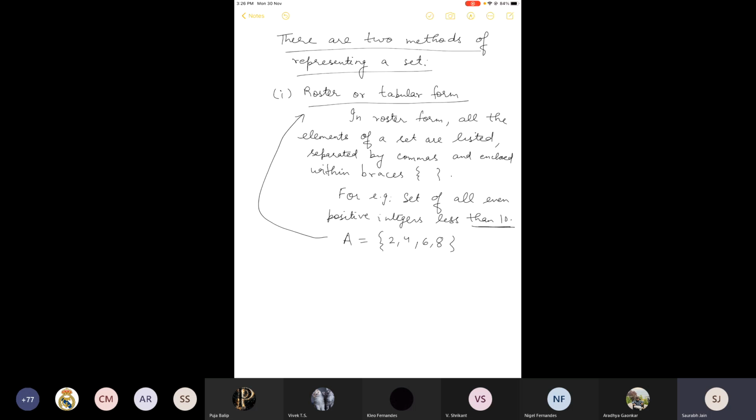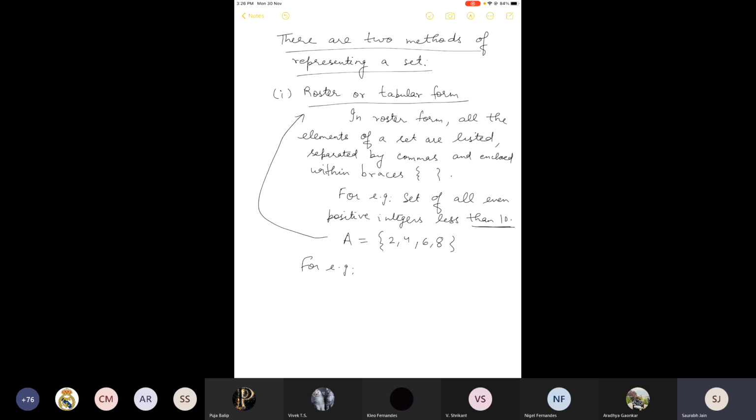Like if I take another example, the set of all natural numbers which divide 42.